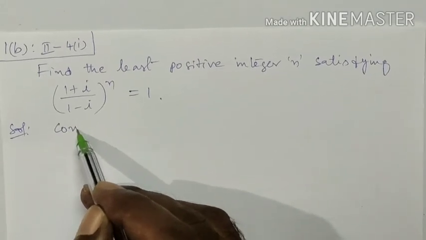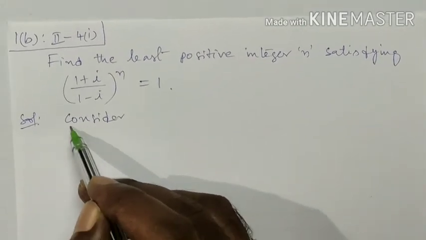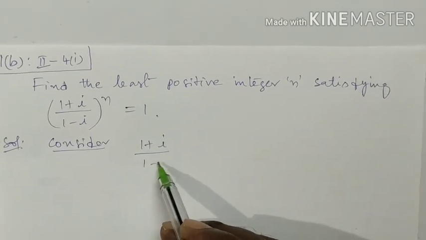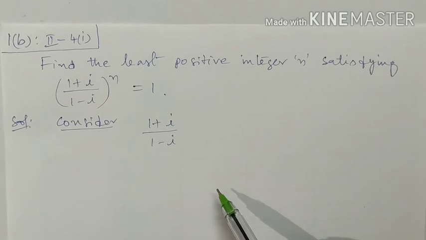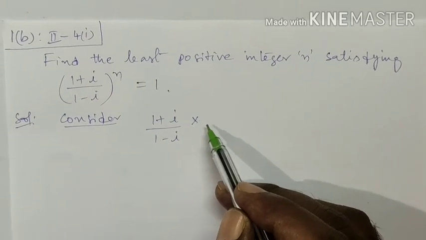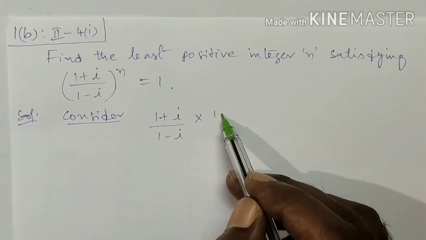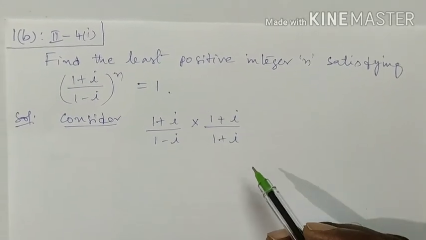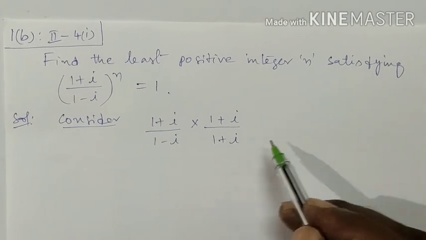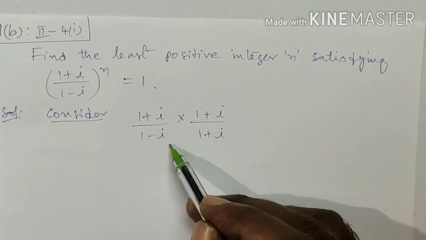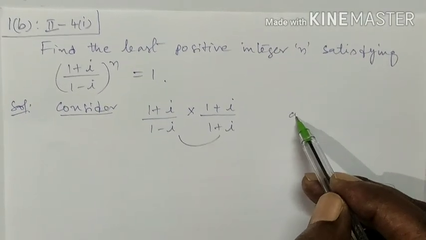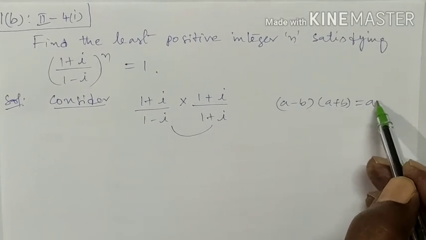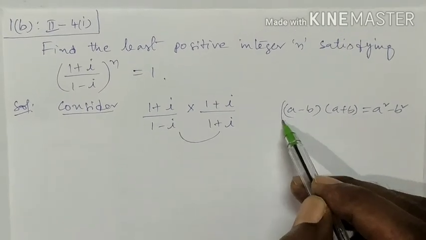Now consider 1 plus i by 1 minus i and rationalizing this with 1 plus i by 1 plus i. Again, the denominator is in the form of a minus b, a plus b, that is equal to a square minus b square.